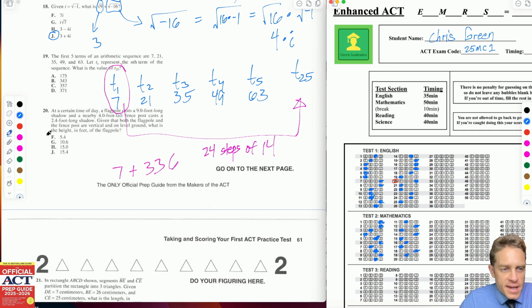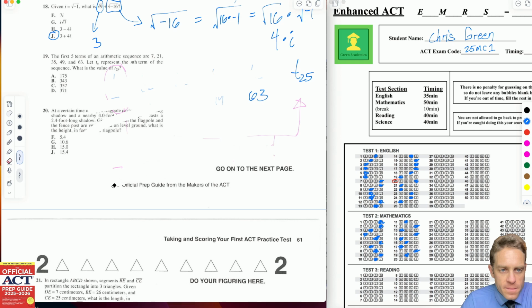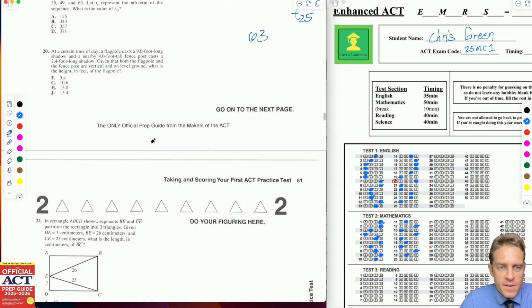At a certain time of day, a flagpole casts a 9-foot-long shadow, and a nearby 4-foot-tall fence post casts a 2.4-foot-long shadow. So I think this creates similar triangles, right? You can think of it as a triangle within a triangle.